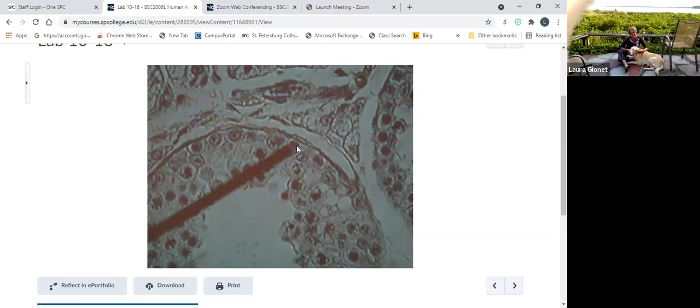But those spermatogonia, as they enter into meiosis 1 and complete meiosis 1 and then enter meiosis 2 and complete meiosis 2, they move from the periphery toward the center of the tube, the lumen of this tubule. And on some occasions, you can see how their nucleus is starting to change shape, because they go from one cell and divide into two cells, and then two cells into four cells.